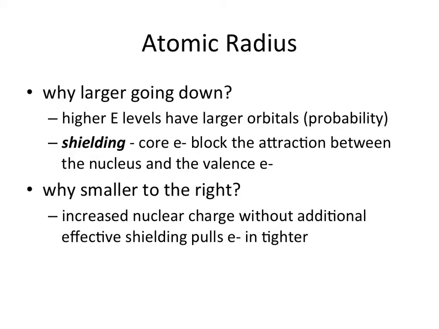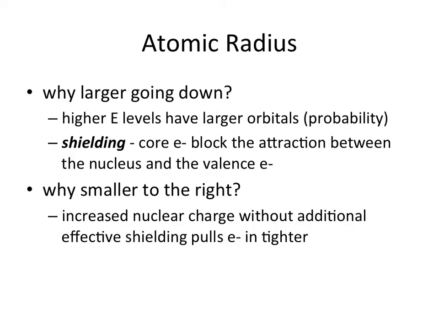So basically you have the same shielding from left to right, but at the same time you're adding more pull from the nucleus left to right. So basically what ends up happening is you have an ineffective shielding process, and as you go from left to right, you keep adding more and more protons, so those pull tighter and tighter on that electron that you're looking at, and basically you have a decrease in size from left to right.